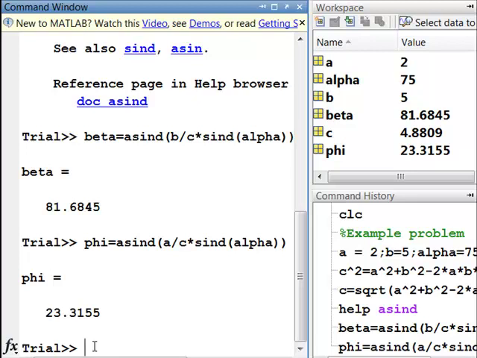So we've got all our angles and side lengths now, and the next thing we need to do is calculate the perimeter. So the perimeter, I'll use a descriptive variable now, we'll call it perim, and that's equal to a plus b plus c.